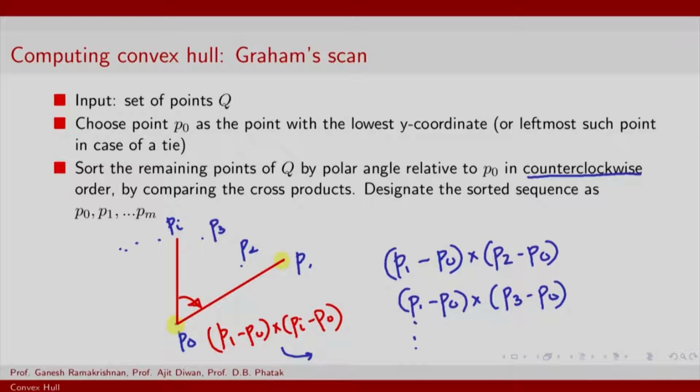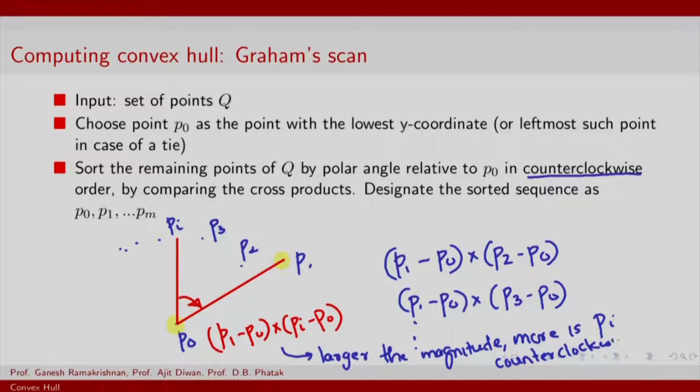So the larger the magnitude, the more Pi is counterclockwise rotated from P1 with respect to P0.